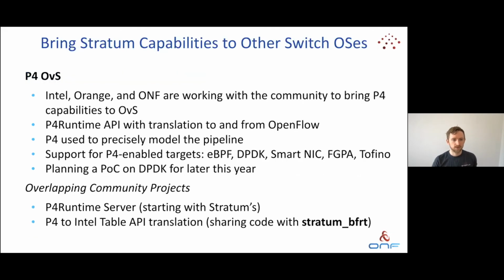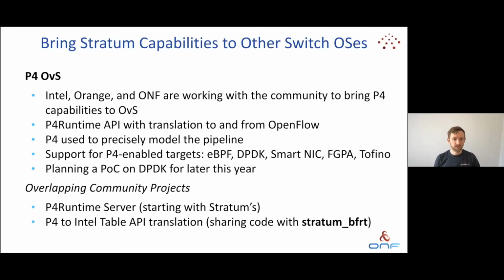Moving on, the next project is one called P4 OVS. This is a collaboration between Intel, Orange, and ONF, looking to bring P4 capabilities to Open vSwitch. There are some talks on this that were given at OVSCon last year. We'll provide some links to these in the notes, so you can follow up if you're interested in learning more.